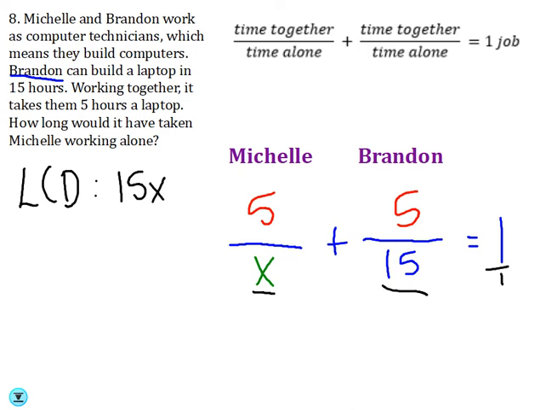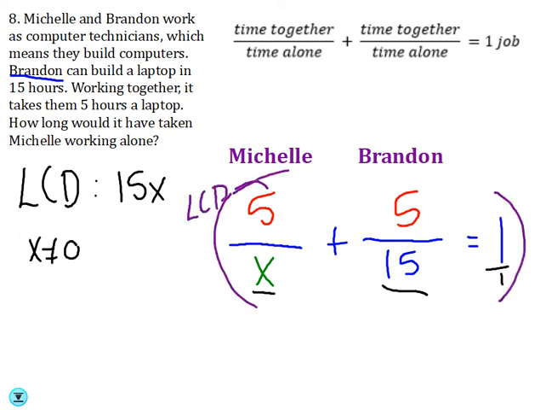So our LCD is going to be 15x, where x cannot be 0, which if you think about it makes sense. Michelle is not going to just not build the laptop, right? She needs to earn a living. So we're going to go ahead and multiply through by the LCD to all three here.